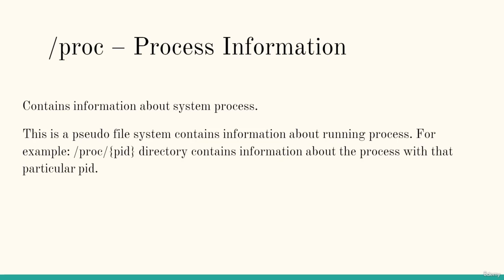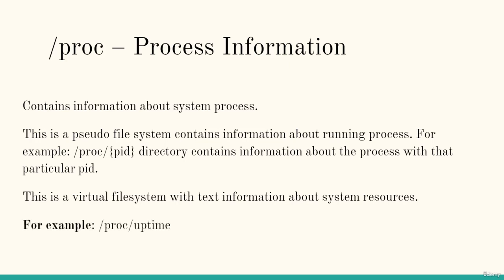Every piece of information will be found here. Under /proc/PID, for example 900, if you go to 900, you will find all the information about this specific process. This is a virtual file system with text information about system resources. For example, /proc/uptime. This is one of them.